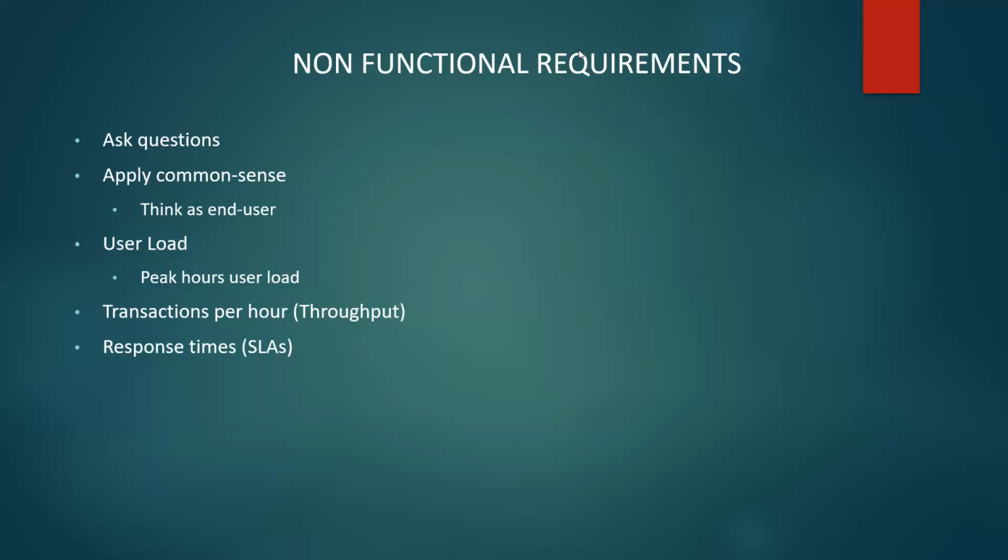So for APIs, your users can be fewer, but TPH is always higher. And for UI, your users may be higher, but TPH is considerably lower.